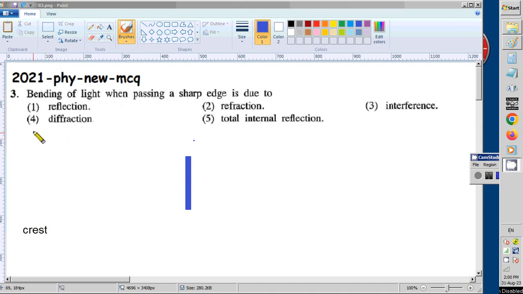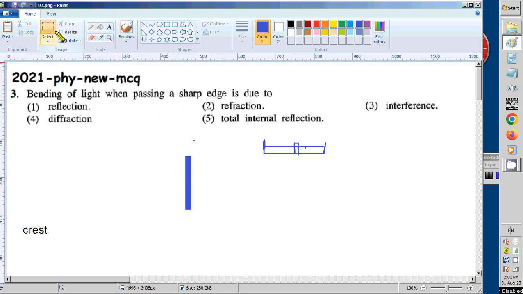So children, let us start from this fourth one, diffraction. Let us discuss what diffraction is. We need a sharp edge to show diffraction. Normally we use the ripple tank to show this in school. It is a normal tank, so we fill water and place a glass cube, so that some length is out of the water's surface.